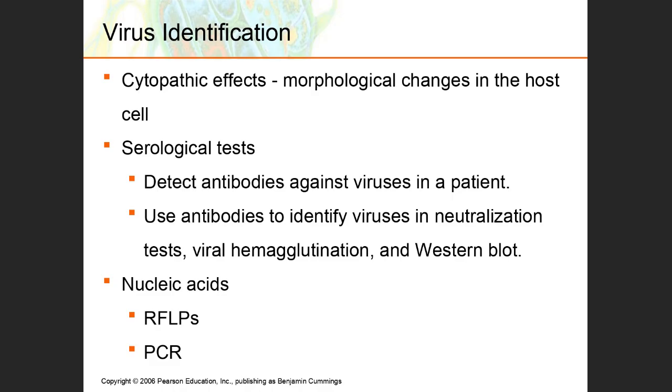So we generally have to use more sophisticated testing to identify viruses as compared to bacteria. When it comes to nucleic acids, remember we can run agarose gels, and so we can cut up the viral DNA using restriction enzymes, and then we can compare the banding pattern to known viruses and see if it matches. So we've already talked about that kind of thing.